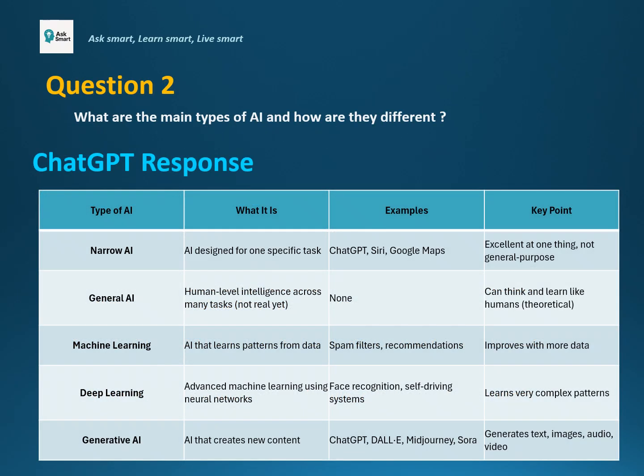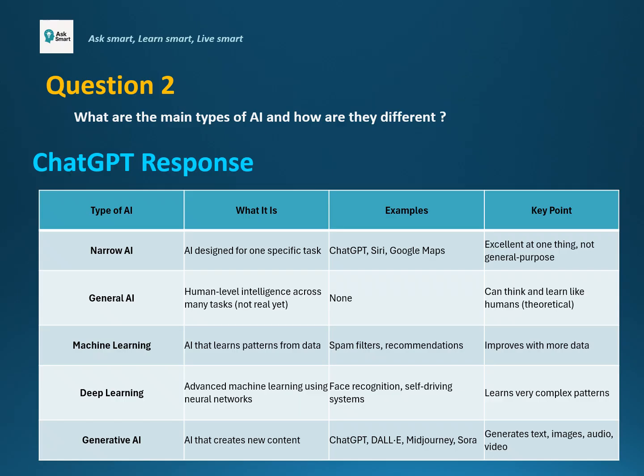Question 2. What are the main types of AI, and how are they different? Here is ChatGPT's response. Here are the main types of AI you'll hear about. First, narrow AI, which does one specific task, like ChatGPT, Siri, or Google Maps. Second, general AI, the idea of an AI that can learn anything a human can. We don't have this yet.